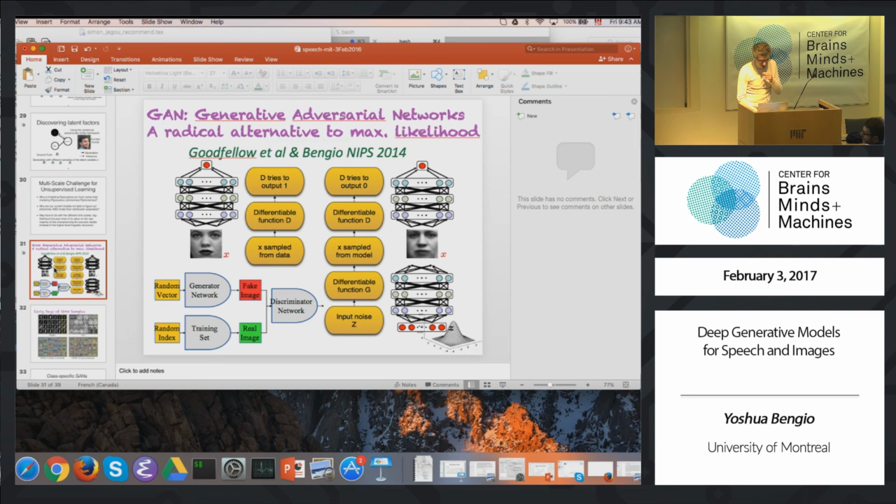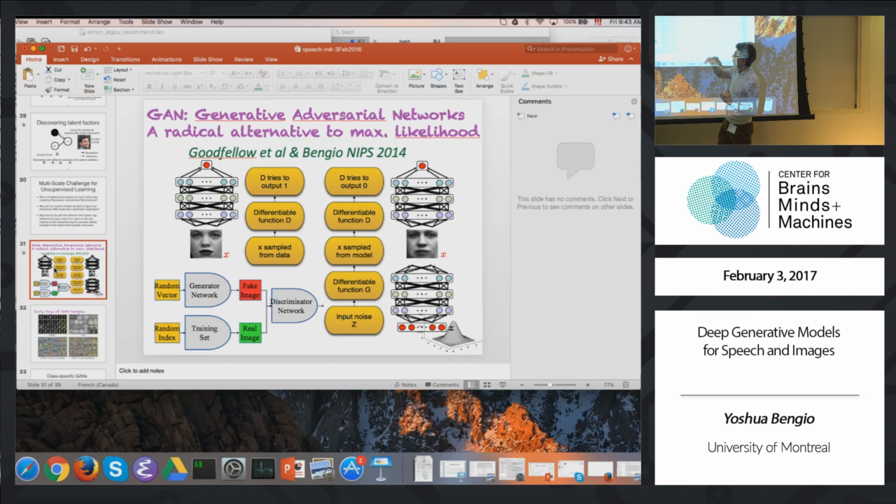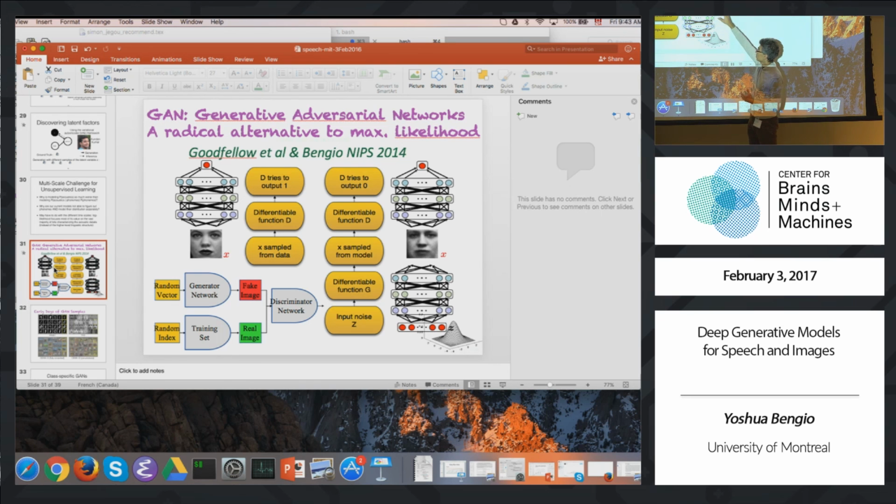We're exploring GANs, which are a kind of radical departure from maximum likelihood, in which you have a generative model that you train. Think of it like a neural net that takes noise as input and generates images or sounds. We also train another kind of network, which we call a discriminator, which tries to figure out whether the thing it sees or hears is coming from the training data or from the generator. I think this is much more plausible for how humans could learn, because we hear our voice, we hear other people speaking, and we hear all kinds of noises.